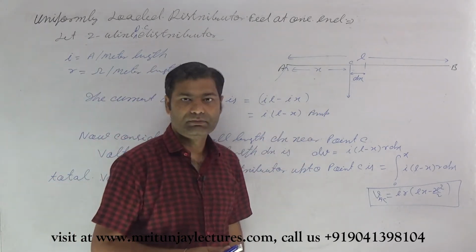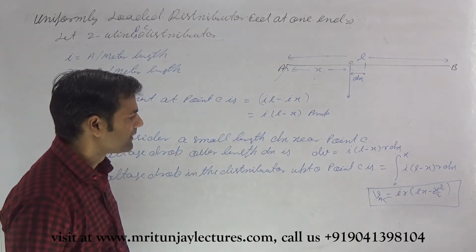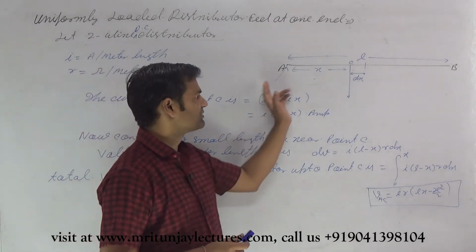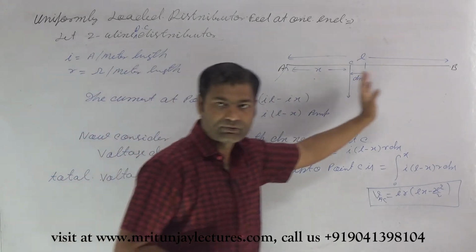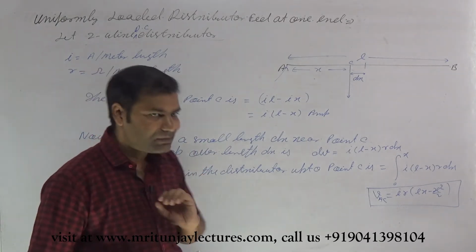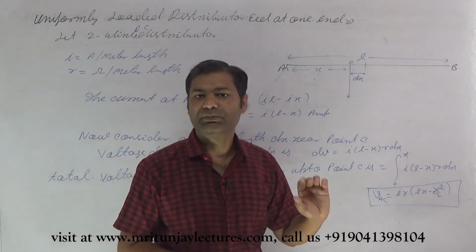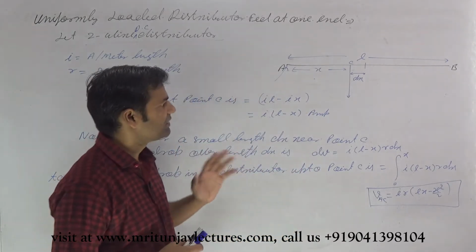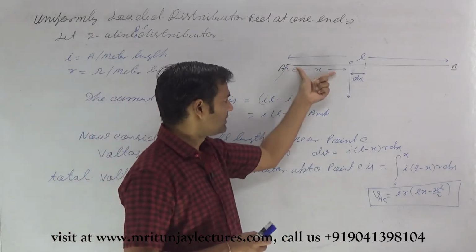Clear? Now another way, what about the maximum voltage drop across this distributor, distributor AB, as this one is corresponding to AC.